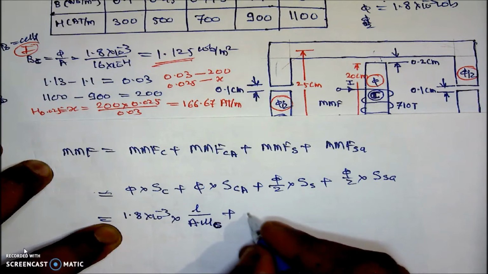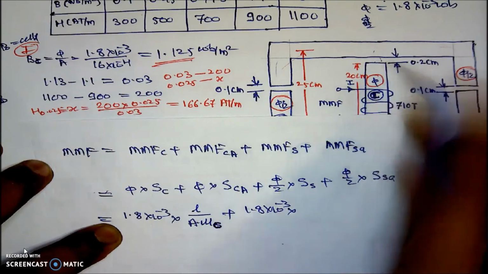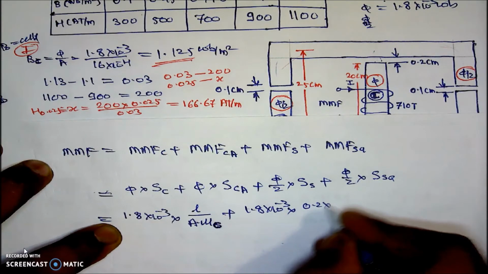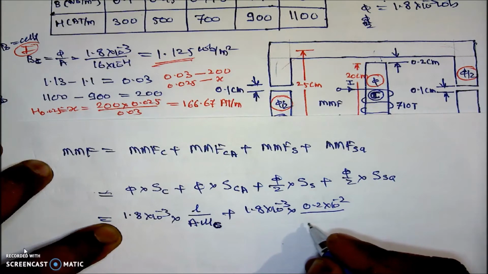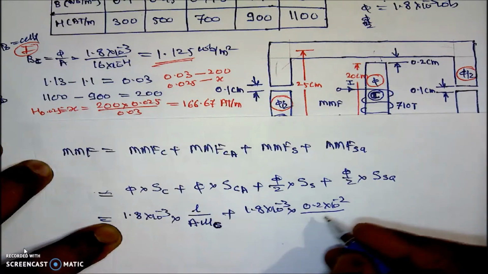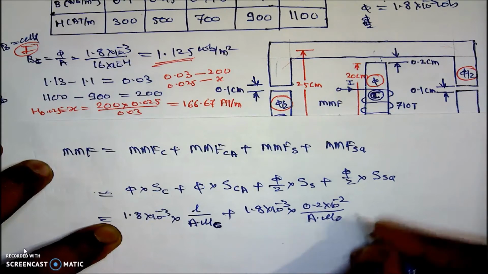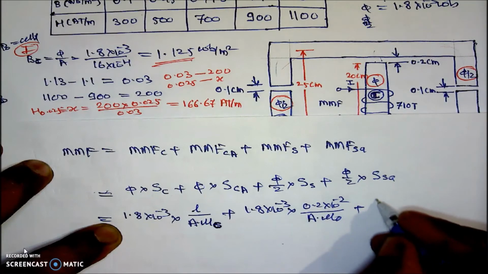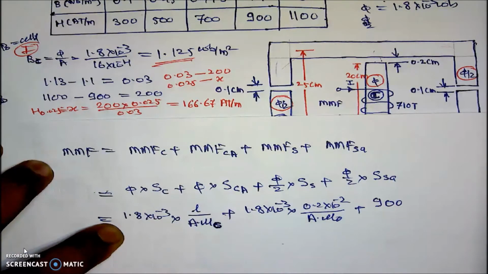Plus again 1.8 into 10 raised to the power of minus 3 into S of the central air gap, which is L divided by A into mu naught, where L is 0.2 into 10 raised to the power of minus 2. I will write the formula first, L by A into mu naught. Here the value of 5 by 2 is 900. What calculations am I doing here?